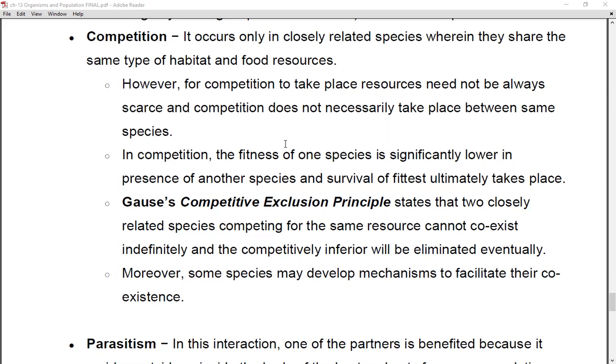Eventually the fittest one will live there and the one with low fitness will be eliminated. Moreover, some species may develop mechanisms to facilitate their coexistence. In a few species, several mechanisms are developed in order to live in a single place together. So this was about the second type of interspecific interaction, and that is competition.